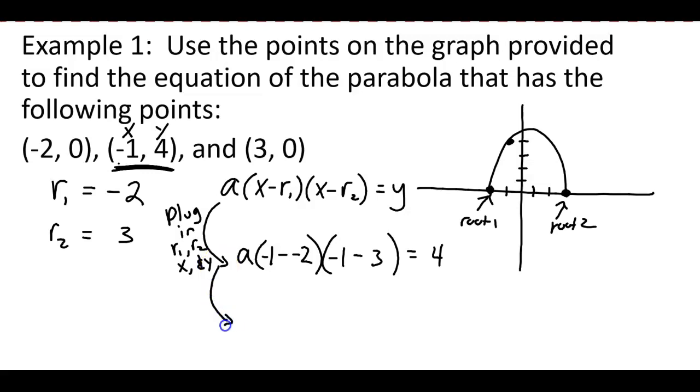Okay, the next thing that we're going to do, guys, after you plug in those numbers, we're going to find that A, that missing number we don't know. So let's find A. The way we're just going to simplify and solve. First of all, what is -1 minus a -2? I want you guys to take a second to work that out. Just remember, these both become a plus when you have double negatives.